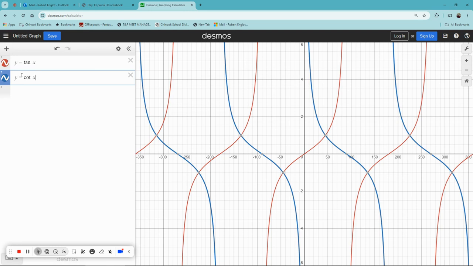Okay, so basically everything is shifted over. Instead of being at 90 degrees there, you're at 0 and 180. And it basically curves the other way. Okay.